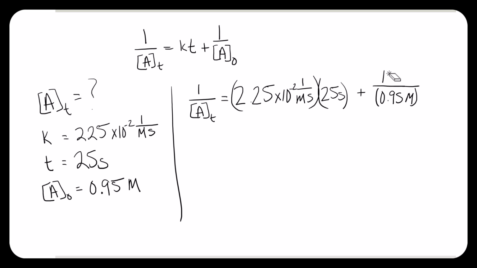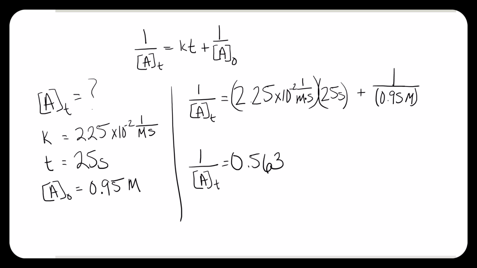Alrighty, so I'm just going to clean up the right-hand side of this equation. So 1 over concentration of A, and then I'm going to plug this into my calculator. 2.25 times 10 to the negative 2 times 25 equals, so I get a value of 0.563.